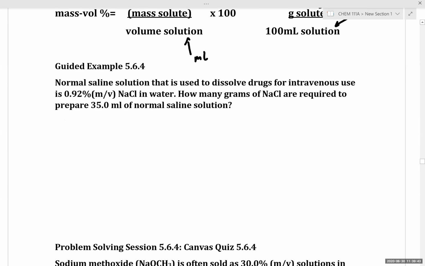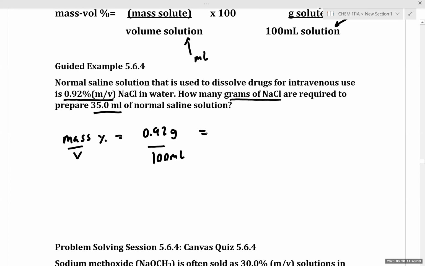To show how this works, let's look at an example talking about saline solutions, which are a 0.92% mass over volume solution in water. And we're asked how many grams of sodium chloride are required to prepare 35 milliliters of saline solution. So we know that the mass over volume percent is equal to 0.92 grams over 100 milliliters of solution.